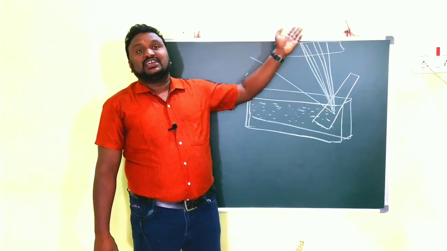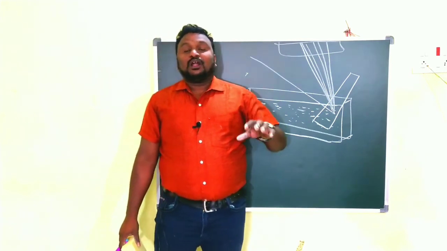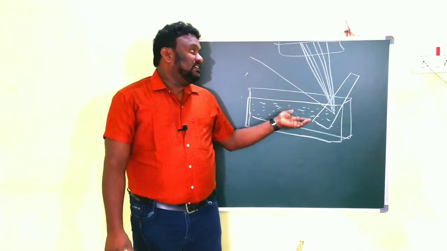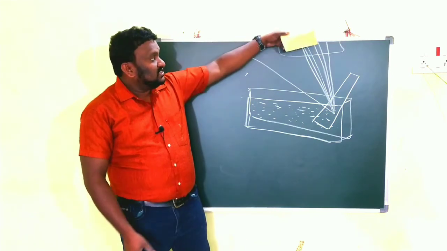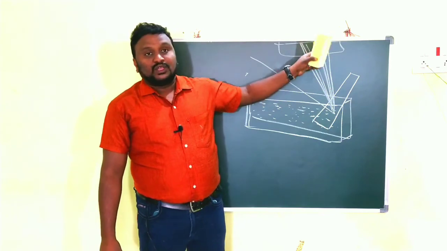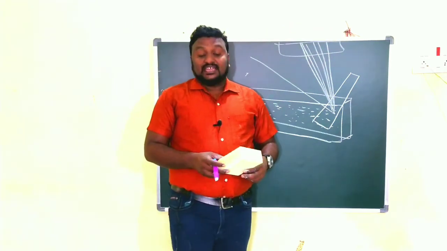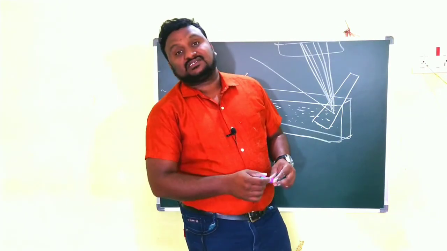Those reflected rays again split into a number of colors. What we observe in a prism, the same thing will be formed in this case. If you keep any screen at that place while the light is coming like this, on that screen we will again find the 7 VIBGYOR colors.